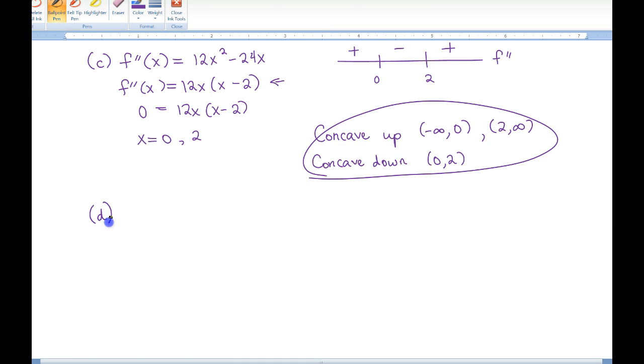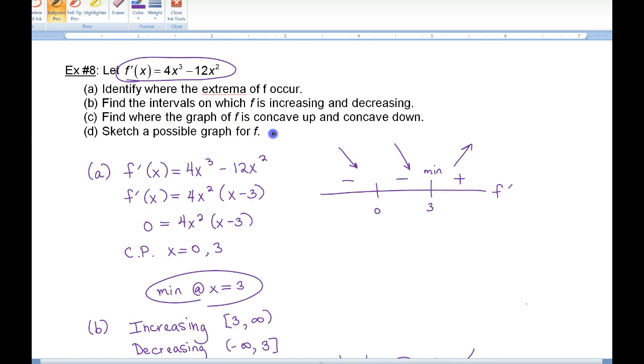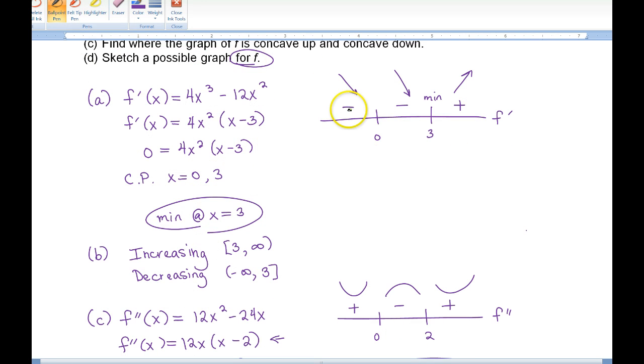Okay, so I didn't provide a graph here because when we're trying to come up with the graph for f, all we have to base our graph from are the x coordinates. So we can only look at what's happening with our first derivative and second derivative in terms of where it's decreasing, increasing, and concavity.